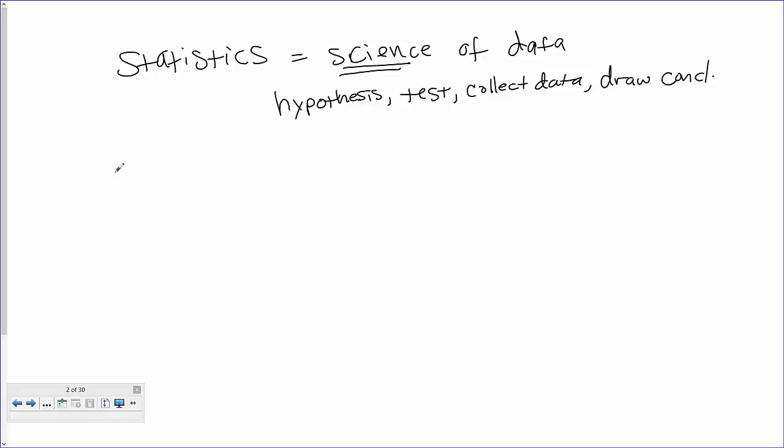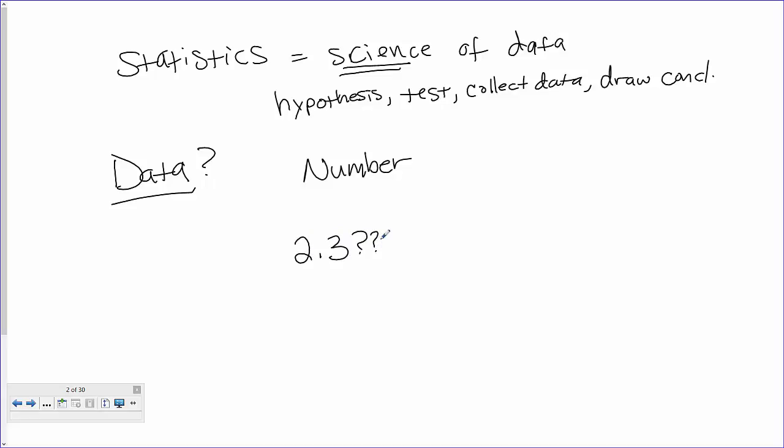But that brings us to one of the key points. What is data? Most people think of data simply as a number. But that's not true. If I gave you a number like this, 2.3, what is that? That means nothing just as a number by itself until you put it within some context.